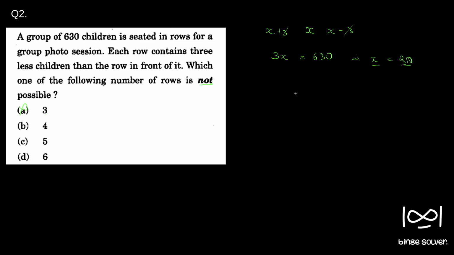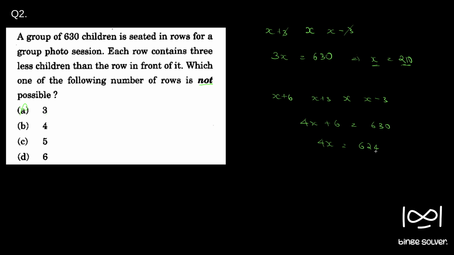So similarly, if you take 4, same thing, we just take x plus 6 and x plus 3, x minus 3. So if you add, we will get 4x plus 6 is equal to 630. So if you subtract, we get 4x is equal to 624. So we just have to see whether we will get a whole number for x here also.